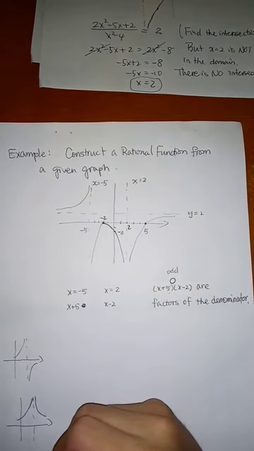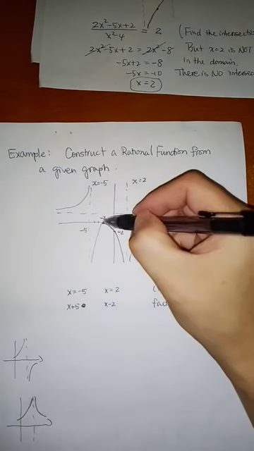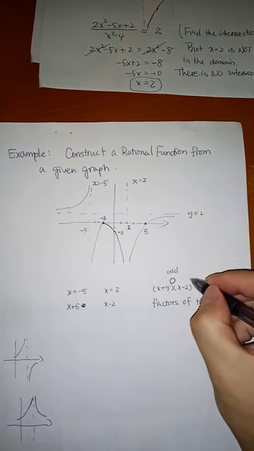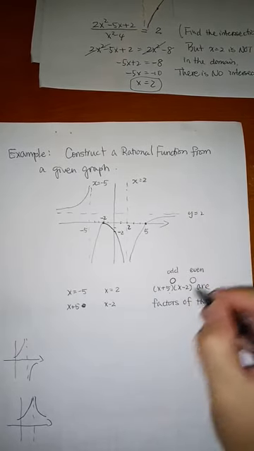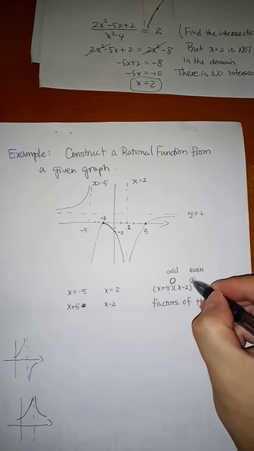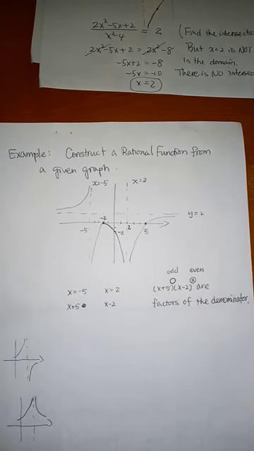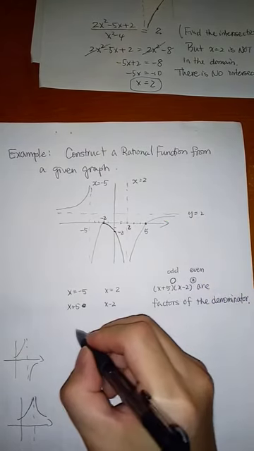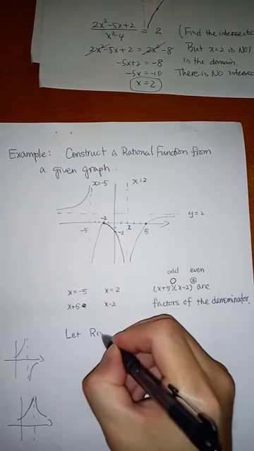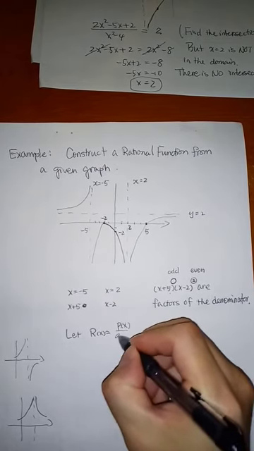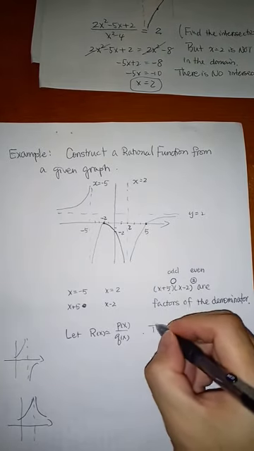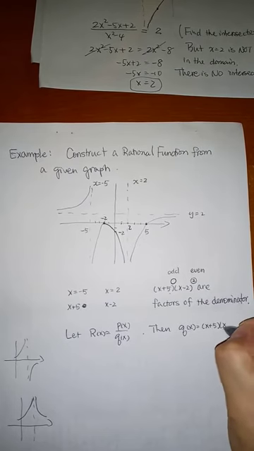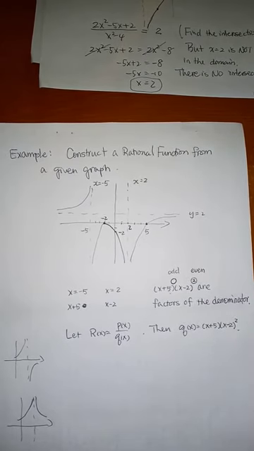If they approach the same direction, either above or below, it implies the power here is even. The smallest even power will be 2. So why don't we just put the number 2 here? We'll construct one rational function. Okay? So far, let R of x be P of x over Q of x. Then Q of x can be written as x plus 5, x minus 2 squared.